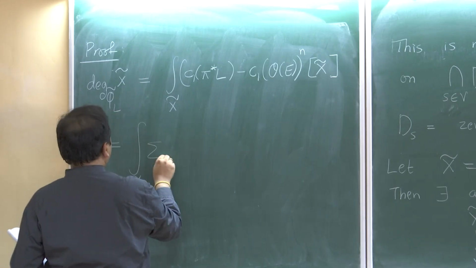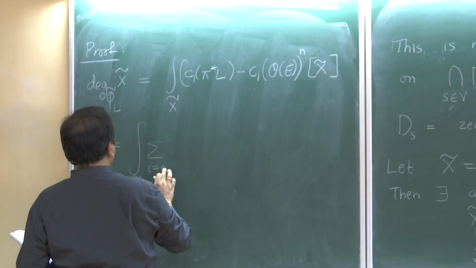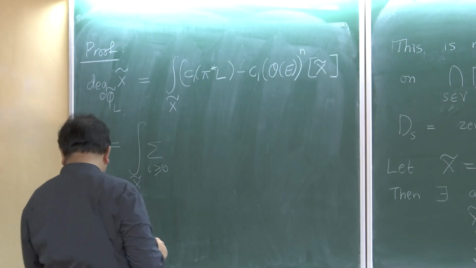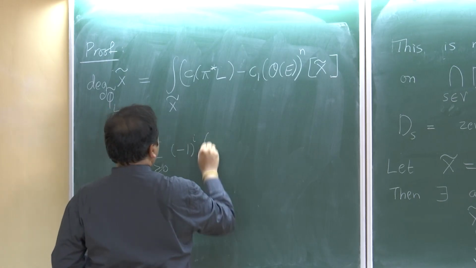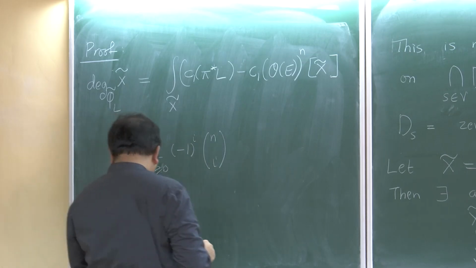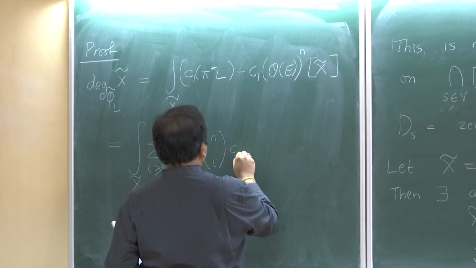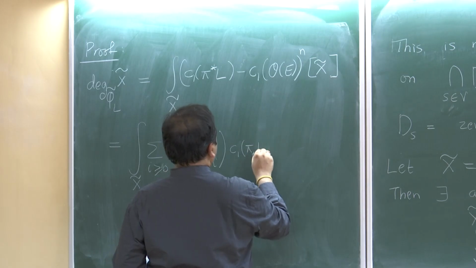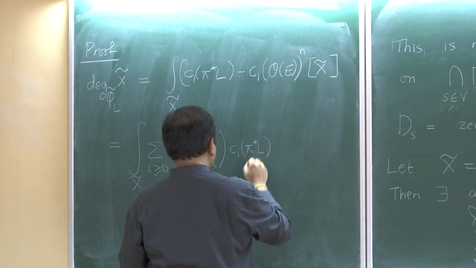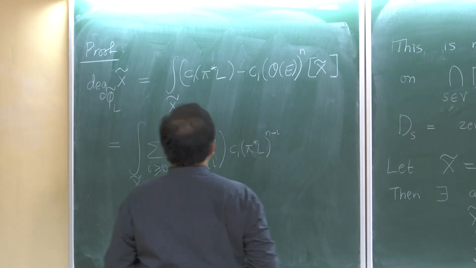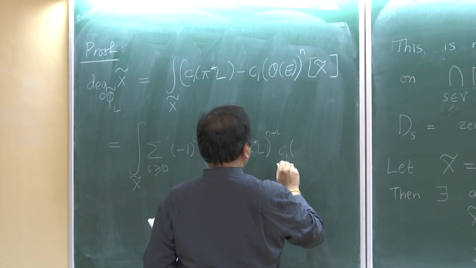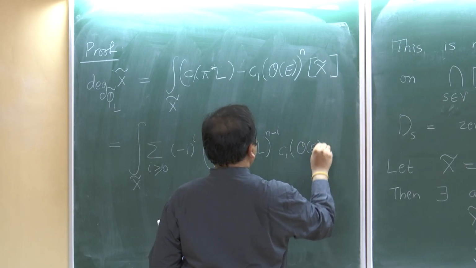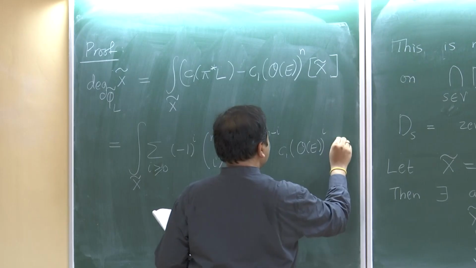So this is the summation, I greater than or equal to 0. Let me just write it like this: minus 1 to the I, n choose I, of C1 of pi upper star L to the power n minus I, and C1 of OE to the I of x tilde.